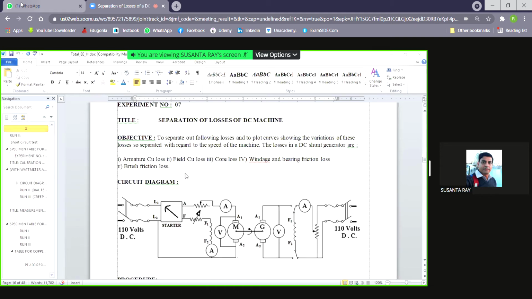So that is the pressure which is maintained on the commutator.